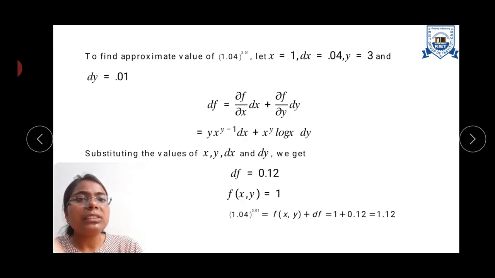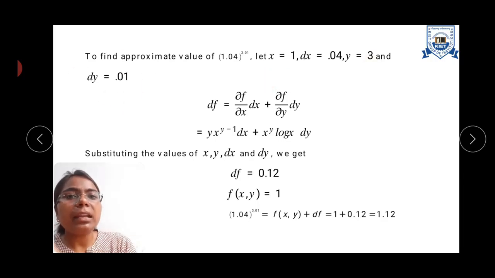To find the approximate value of 1.04 to the power 3.01, we consider that x is equal to 1 and 0.04 is the increment in x, it means it will be dx. And for y, we let y is equal to 3 and 0.01 is dy. Here we can denote it del y or dy. Both are similar in case of approximation of error.